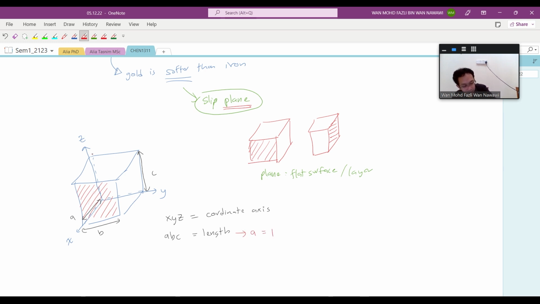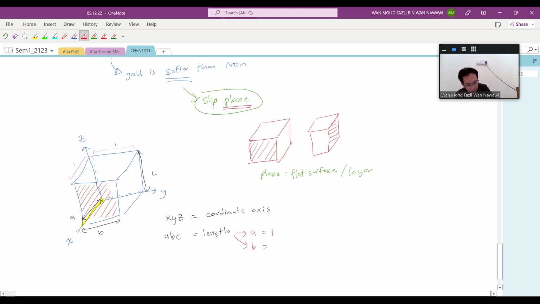Let's put 1 as a unit in terms of length. So A is 1 because the distance from the origin to A here is 1 unit. Now we want to see what B is.